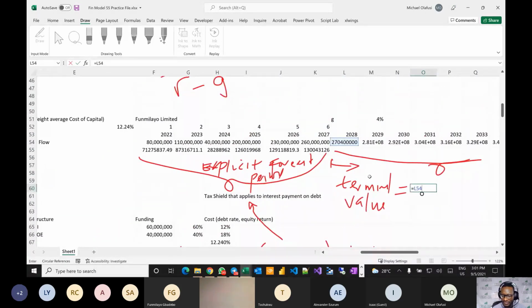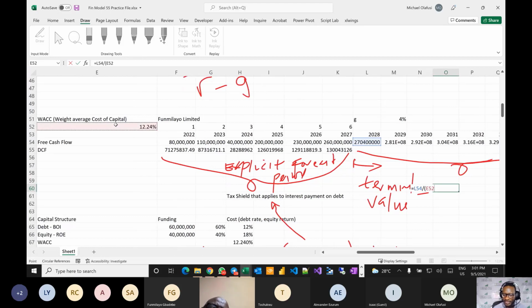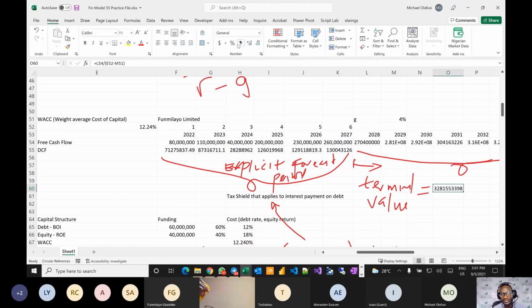So that next cash flow that is going to come, divided by, into bracket, the weighted average cost of capital minus that growth rate. This is going to now get for us the terminal value. So this is how we calculate that terminal value that you always see.